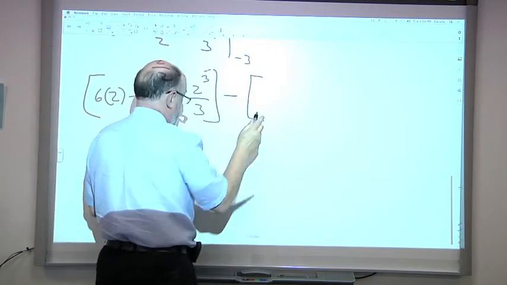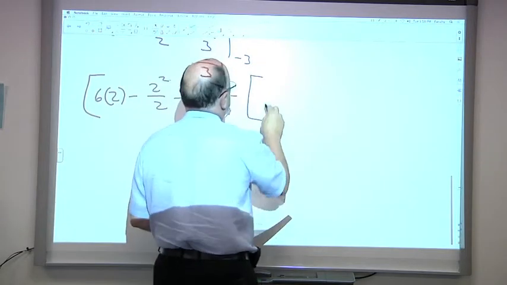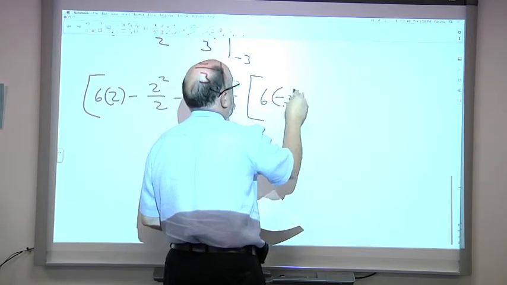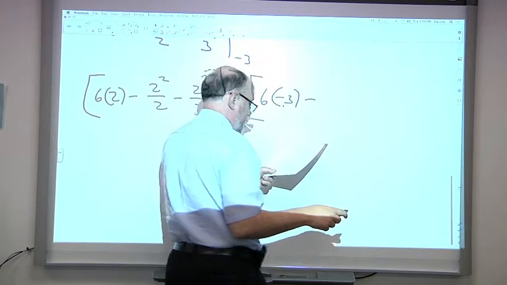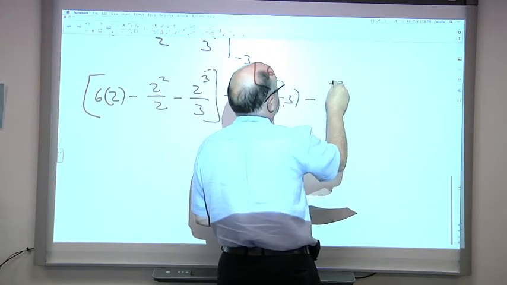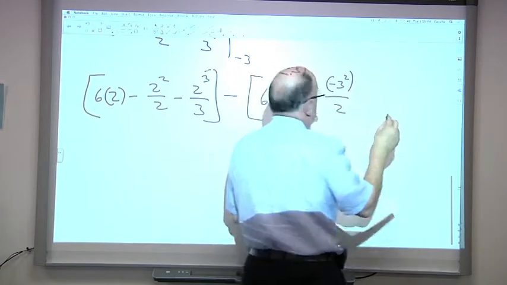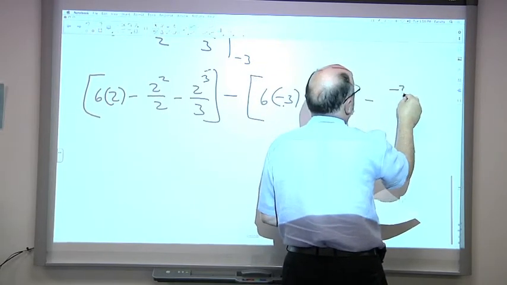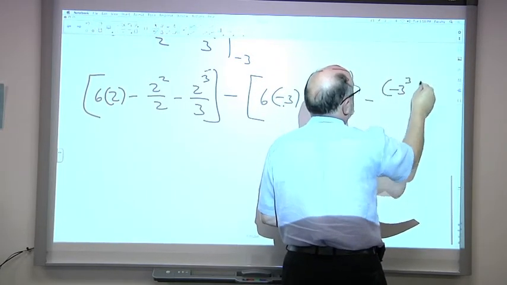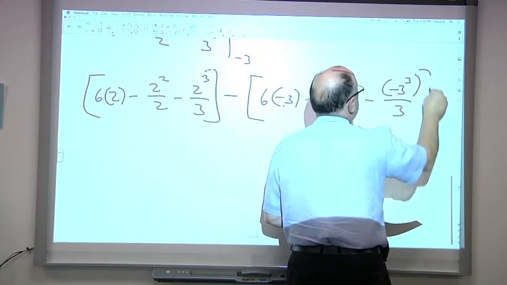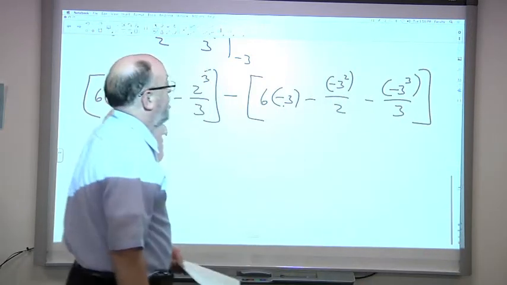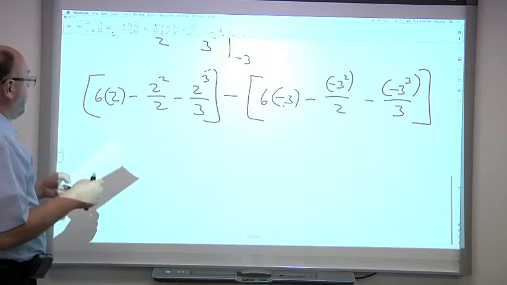Minus 6 times negative 3 minus negative 3 squared over 2 minus negative 3 cubed over 3. Right? So now it's a matter of number crunching this out.